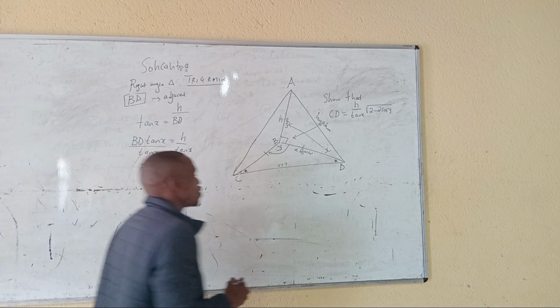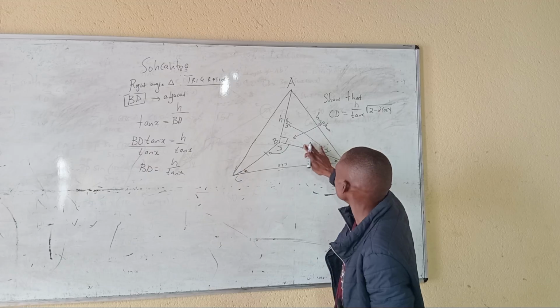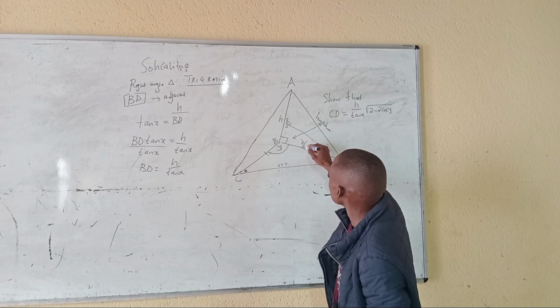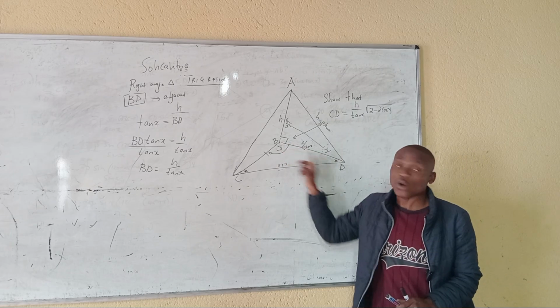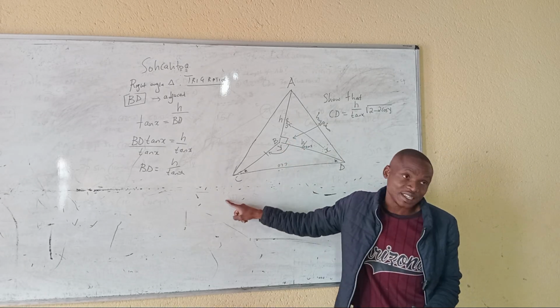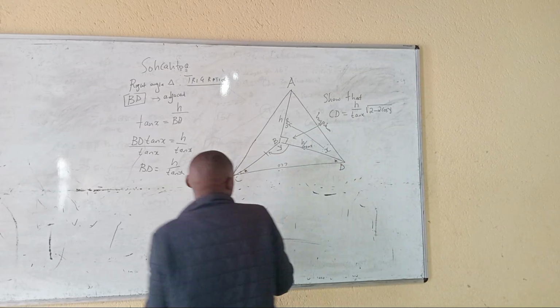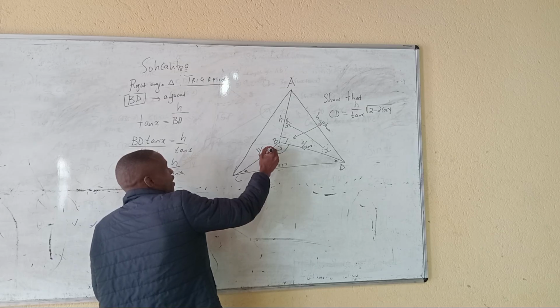So you come to your diagram with a pencil, you show that BD is h over tan x. Now because BD is h over tan x, it means that also BC is h over tan x.